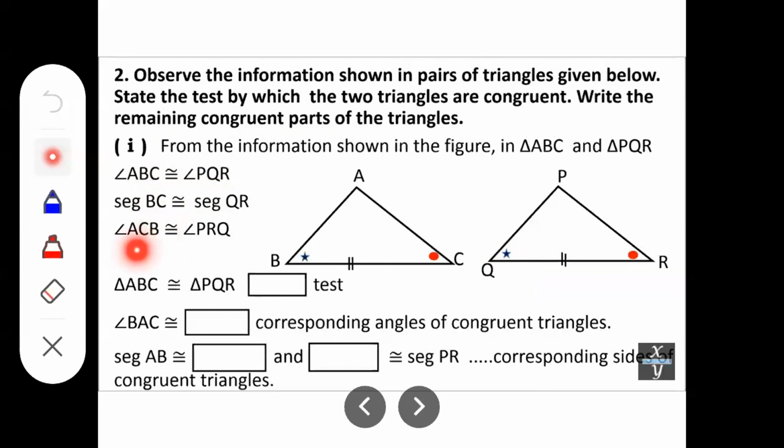Angle C is congruent to angle R. And the included side, segment BC, is congruent to segment QR. So by all those, we can say that the test of congruency here is ASA test, right? So here you have to write ASA test.